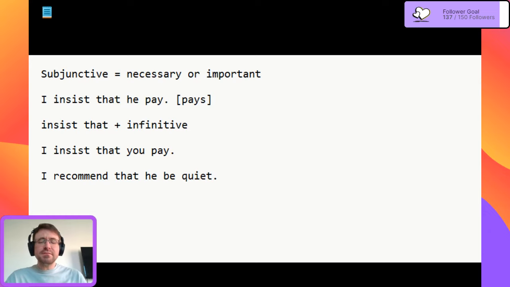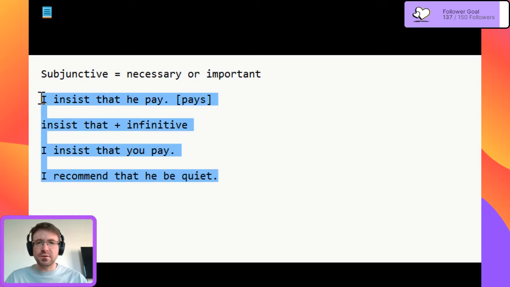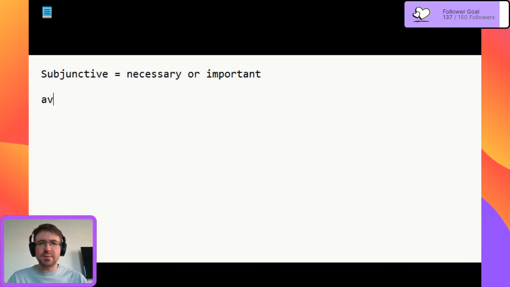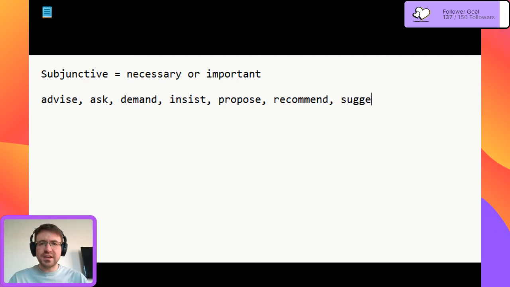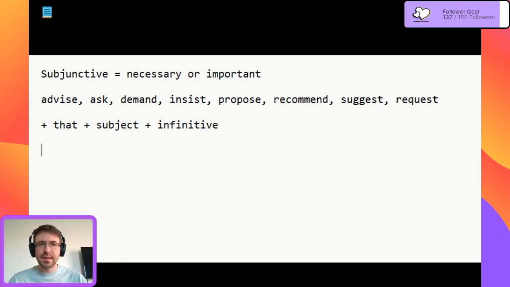And there are certain verbs that we use. I'll just maybe make a quick list of these because it's probably going to be useful if you review this video later. It will be on YouTube. The verbs that we commonly use this with are advise, ask, demand, insist, propose, recommend, suggest, and request. If you have these verbs plus that and then a new clause, we then have subject plus infinitive.